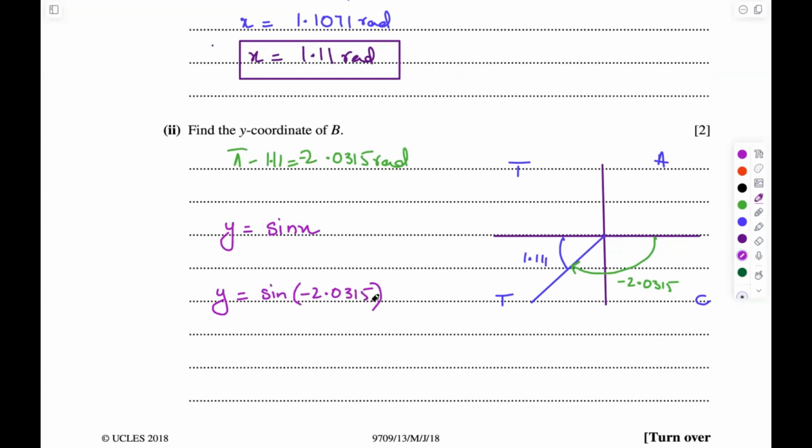Now substituting this in the calculator, sine of minus 2.0315 will be equals to minus 0.8957 radians. And to 3 significant figures, this will be minus 0.896. It is a y value, so this will just be y equals to minus 0.896.